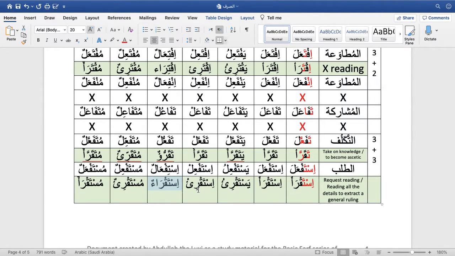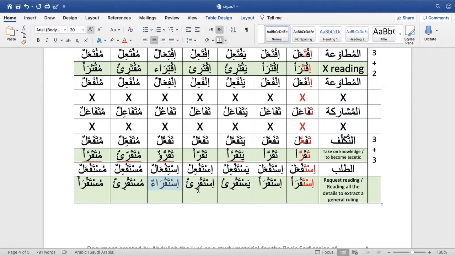For example, as we shall see inshallah ta'ala in a future lesson, al-istiqra'u: how do we know that Tawheed is split up into three categories? What's the dalil for that? Do we have a hadith where the Prophet Muhammad ﷺ tells us tawheed is of three categories? Does Allah tell us in an ayah, وَحِدُونِي بِثَلَاثَةِ أَقْسَامٍ or something like that?